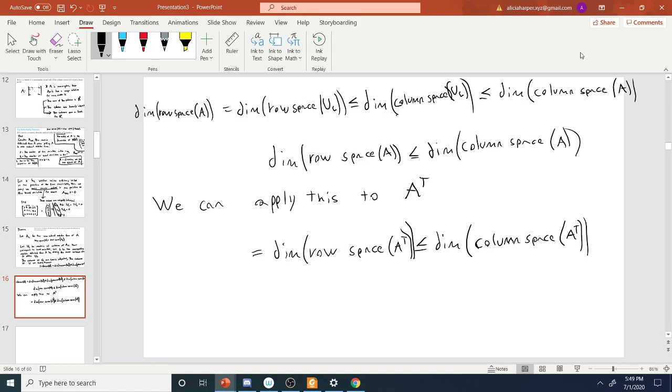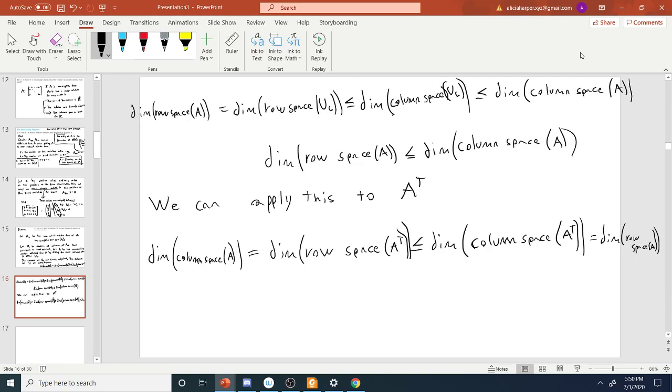But this right here has to be the dimension of the column space of A, because the row space of A transpose corresponds to the column space of A, and likewise the dimension of the column space of A transpose corresponds to the dimension of the row space of A. So we in fact get that this thing right here is also greater than or equal to this, and because both of these have to be true, we in fact conclude equality.